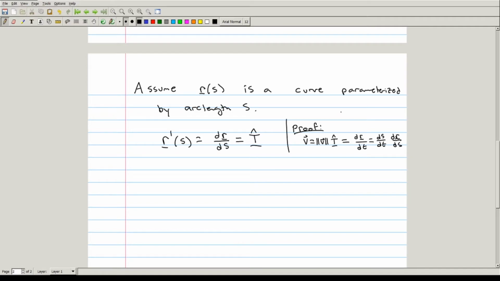And we proved by the definition of arc length last lecture that ds/dt is in fact equal to the magnitude of the velocity. Therefore, in this vector expression, the two scalars cancel out, and we are left with the fact that the unit tangent vector is equal to the derivative of position with respect to arc length. This is a big point of very nice simplification.